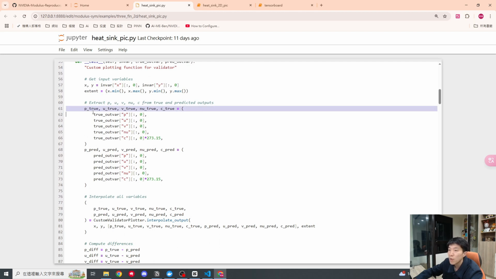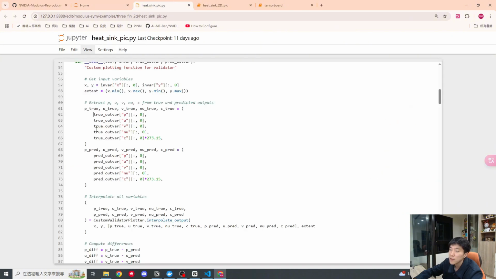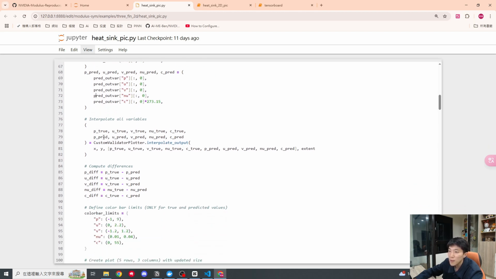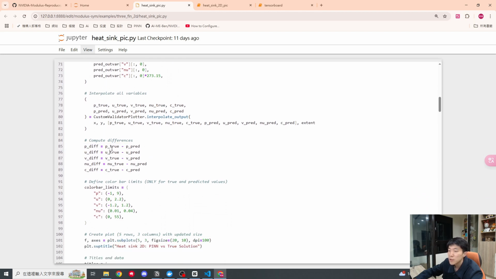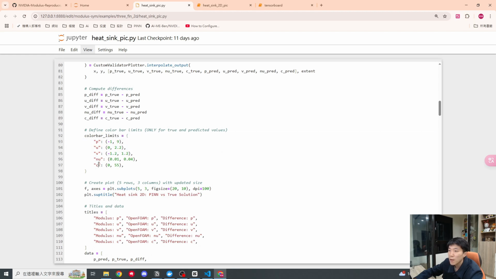True is the OpenFOAM result from the CSV file here, and also we have the P prediction. This is generated by NVIDIA Modulus, and we have the P difference, which is the true solution minus the prediction. And we also set up the color bar limit.